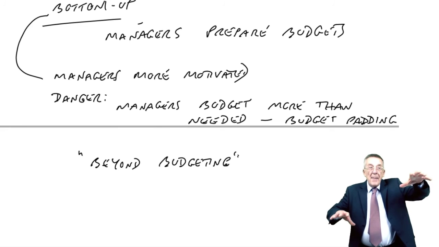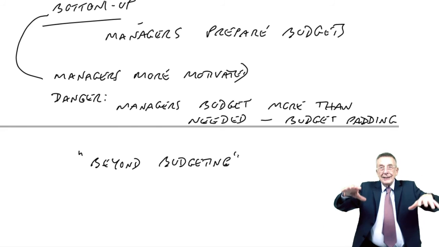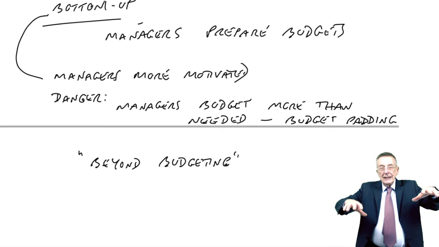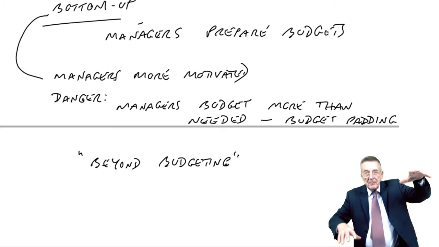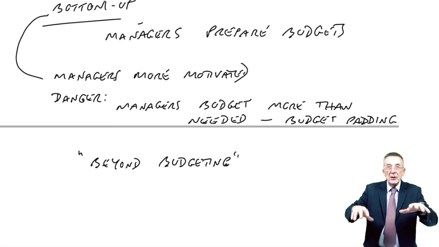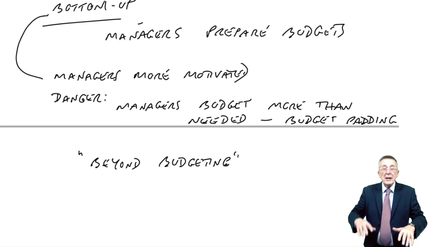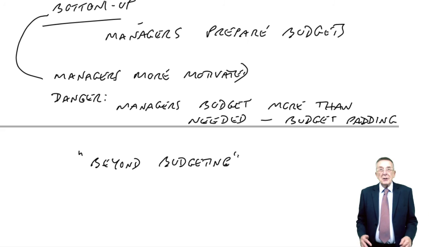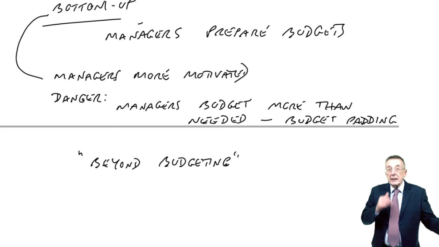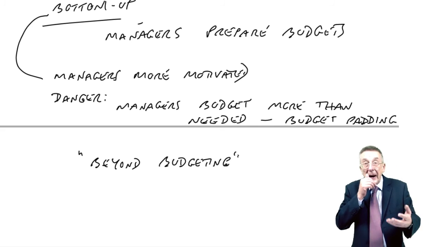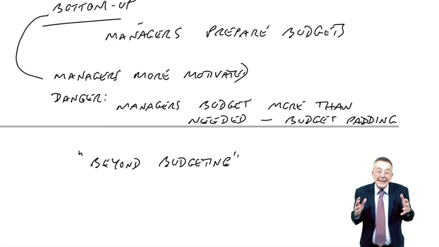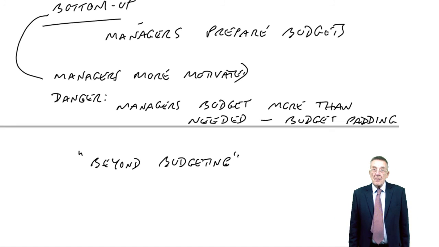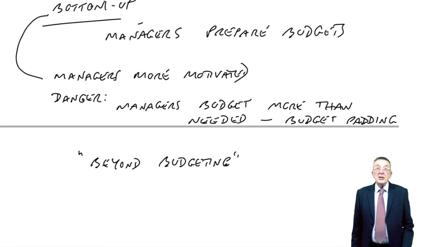Why don't we measure the offices against each other? The offices doing better get rewarded. The offices doing worse, or their managers, don't get rewarded. Isn't that much more realistic or sensible than comparing them against last year or against a budget which is meaningless? Now, it's not always easy to achieve, obviously, but that's what beyond budgeting is.